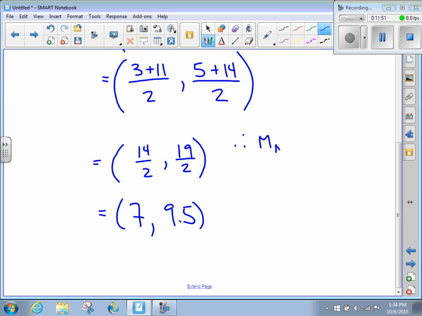Therefore, midpoint AB is 7 at 9.5 given as a coordinate. So we have a new equation, plug your values in, find your midpoint. Not too bad, okay?